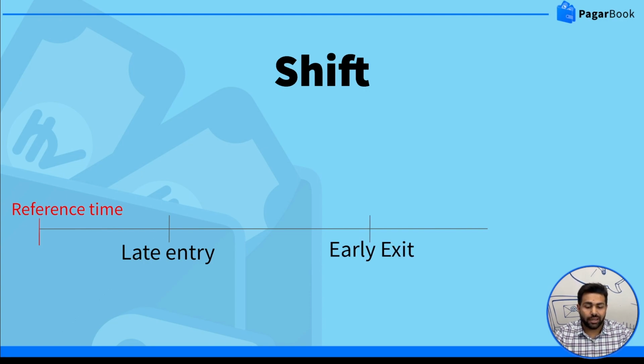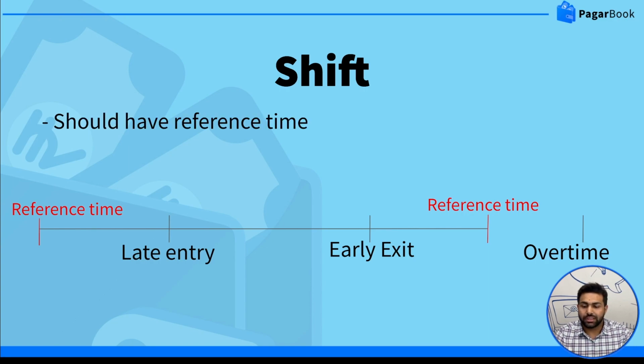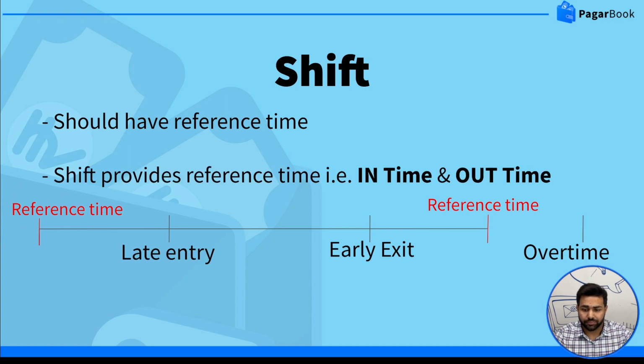Again, we have an early exit and we also have overtime. For both of these we will require a reference time. This reference time is provided by the shift. This we call the shift in time and out time.